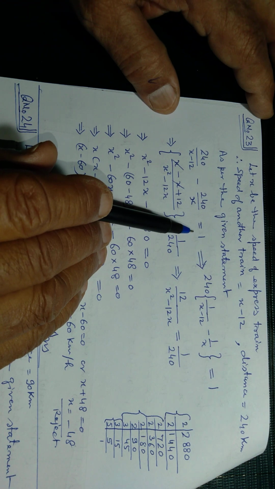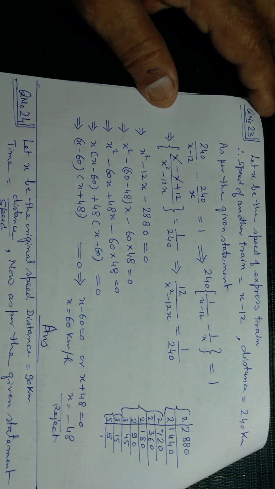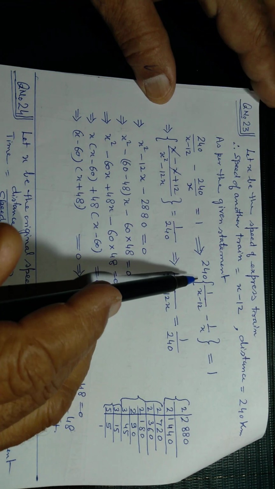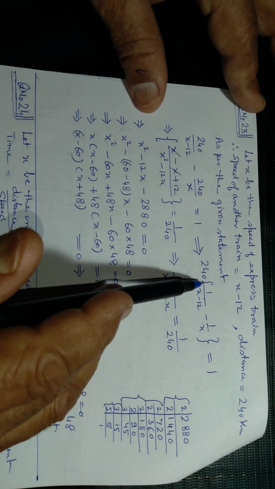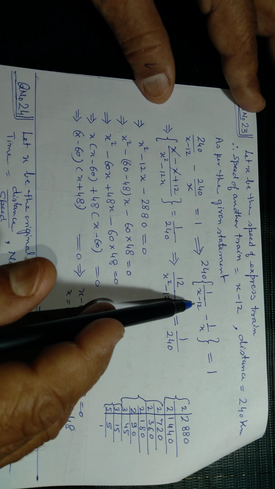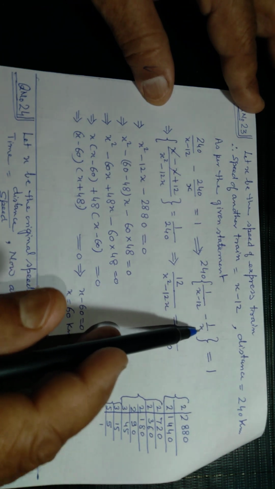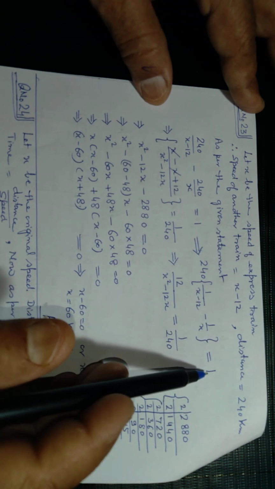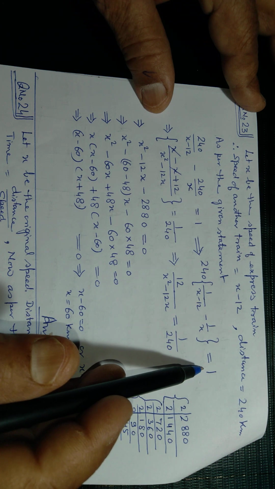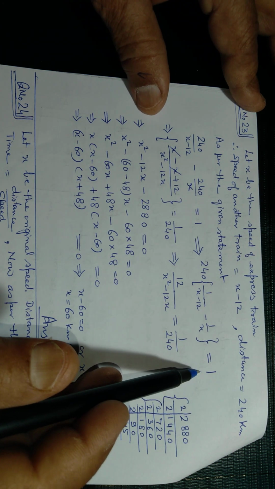It is already given. So take out 240 common. Inside the bracket we are left with 1 upon x minus 12 minus 1 upon x, bracket closed, is equal to 1. Now this 240, take it here as a denominator.